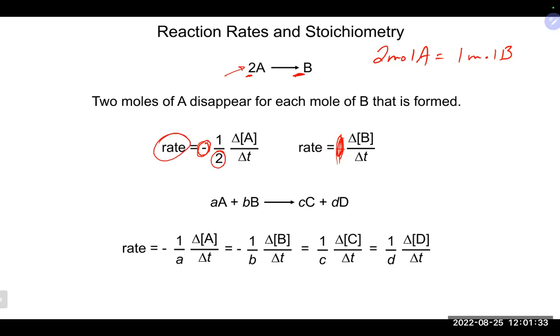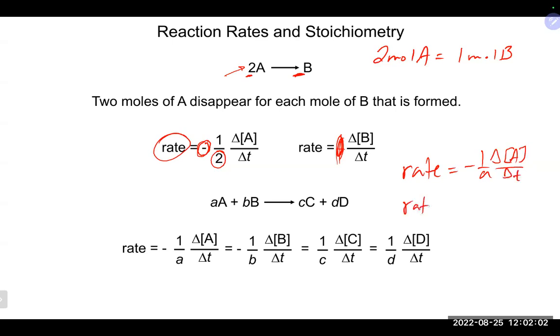In general, if you have a reaction like on the bottom there, aA plus bB goes to cC and dD, you could do that for everybody in the equation. The nice thing about this is, as you can see there, you pretty much could set everybody equal to each other, or you could individually take each piece out like they did above and say the rate is equal to minus 1 over a, the change in A over the change in time.